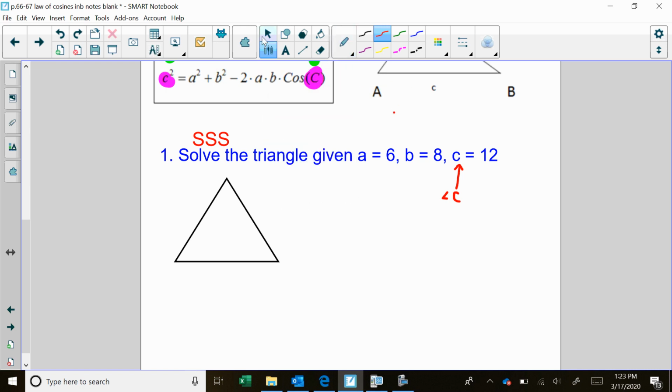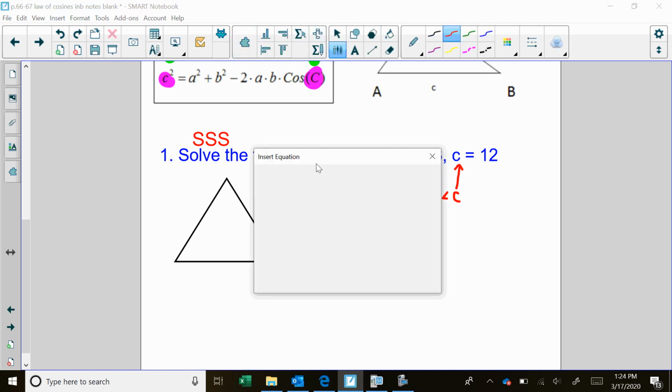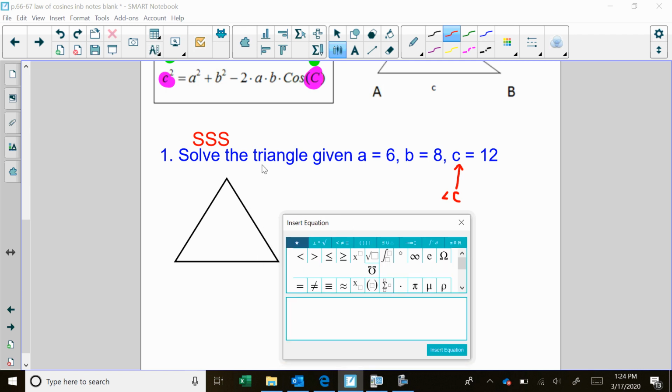I'm going to use the insert equation to put our numbers into an equation that we can solve. So we're going to start off with little c, which is 12. So 12, that gets squared, equals, this is not something you can just type in your calculator. I'm just typing this out so that we have some equation that we can solve here in just a few minutes.